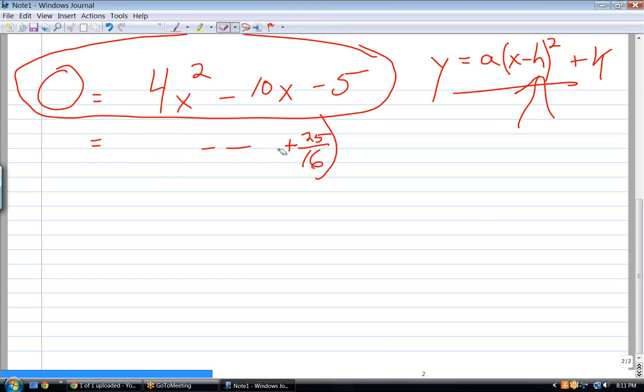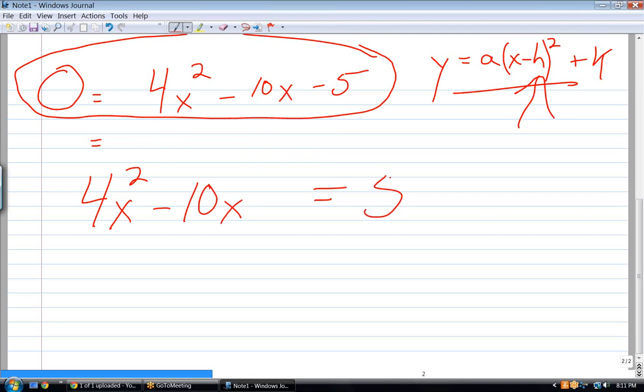So we'd have 4x squared minus 10x minus 5 equals 0 is what we're starting with. Yeah, but in this case, it makes more sense to take the 5 and put it on the other side. Okay? In other words, remember, I'm not going to solve this by factoring. I'm going to solve it by completing the square. There's a difference.